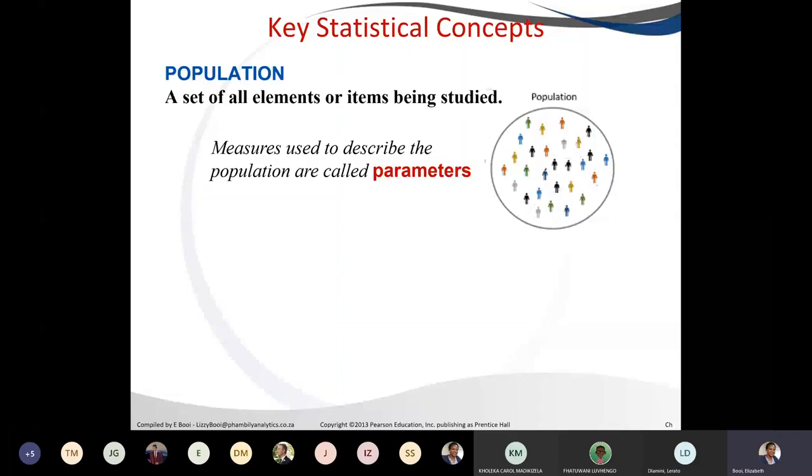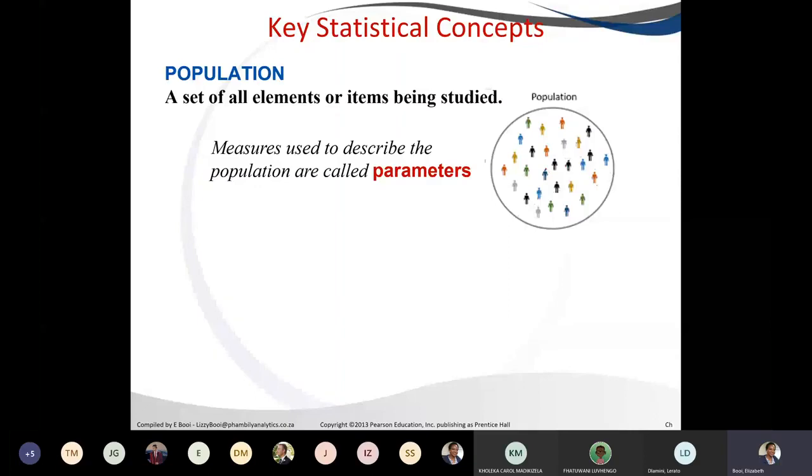All those things. After they collected that information and they start summarizing it, when it comes to analysis, when they calculate like the mean, the standard deviation, and the variance, they are calculating what we call the parameters. Those are the measures that are used to describe what is happening with the population. And we call those the parameters.